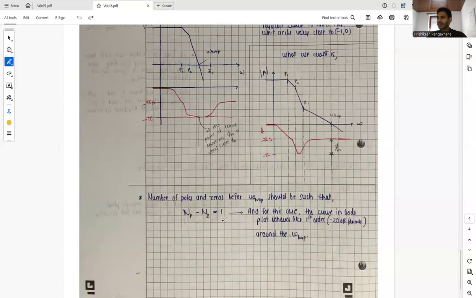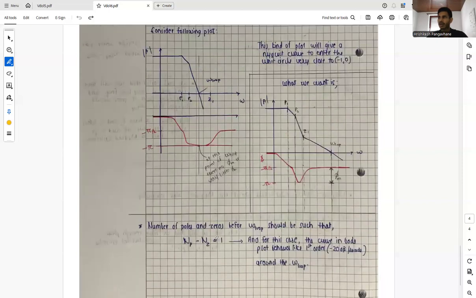So from this, we can state that the number of poles and zeros before omega loop should be such that the number of poles minus the number of zeros should be equal to 1 in order to achieve stability. And for this case, the curve in a Bode plot behaves like a first order curve around omega loop.